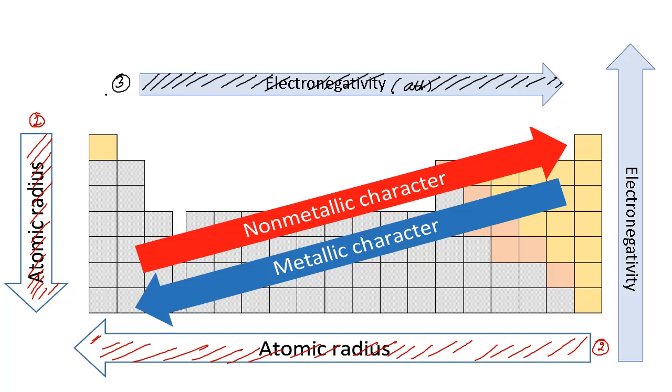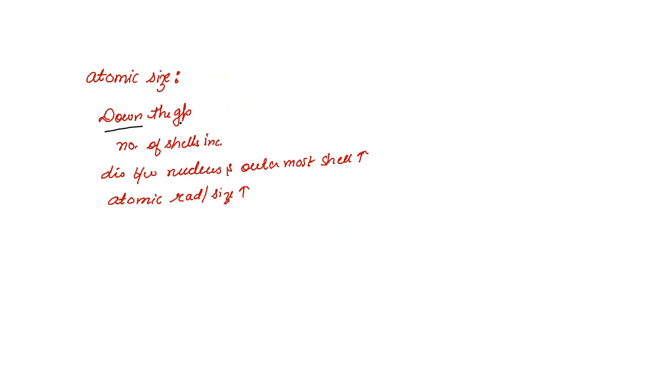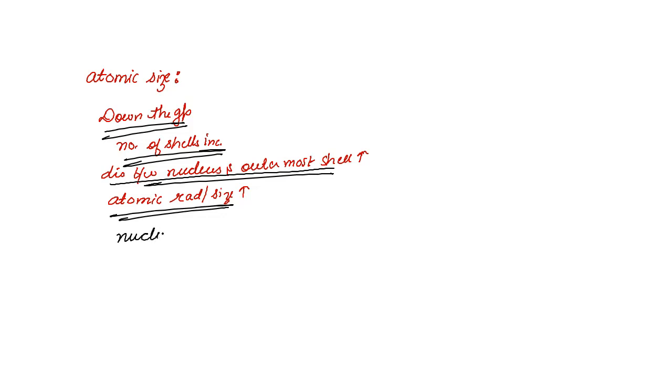Now let us move on to the fourth category, which is when we go down the group: the number of shells increases, the distance between nucleus and outermost shell increases, and the atomic radius increases. So if the atomic radius increases, then the nucleus and the outermost electron will be far away from each other, right?